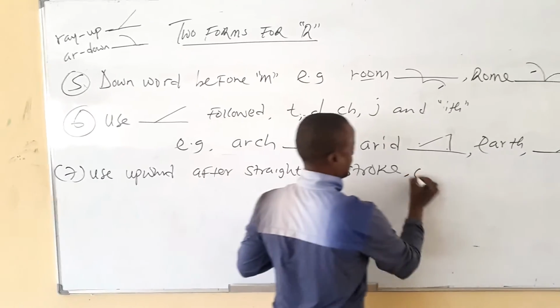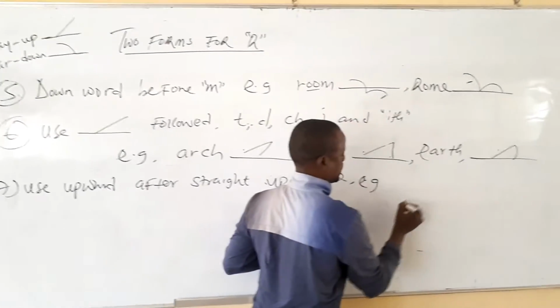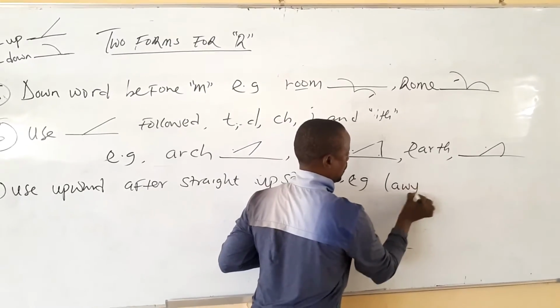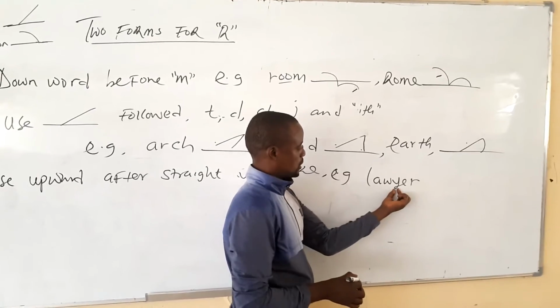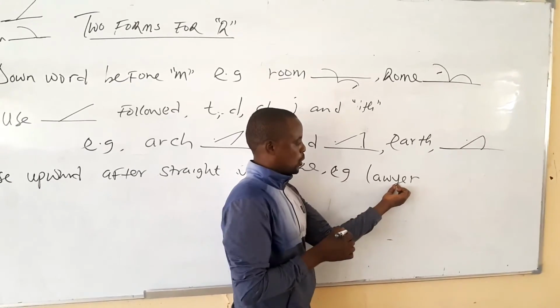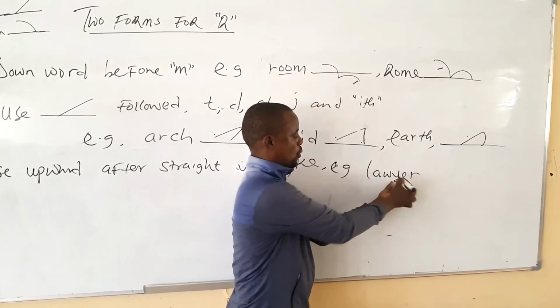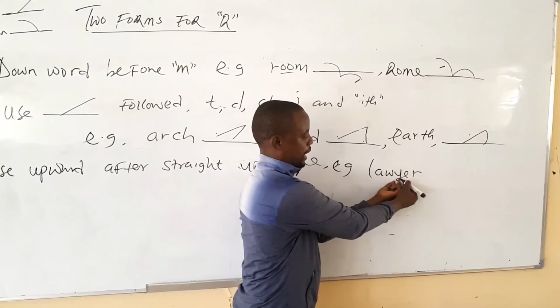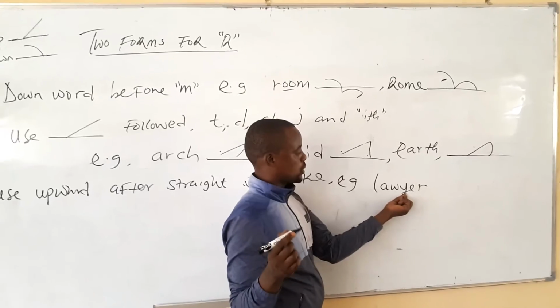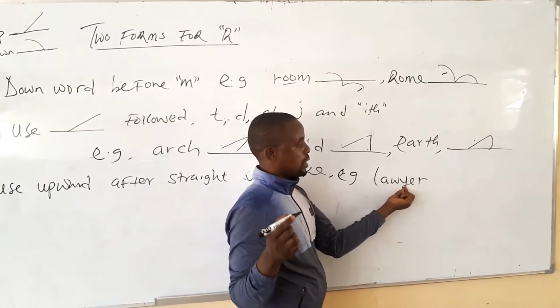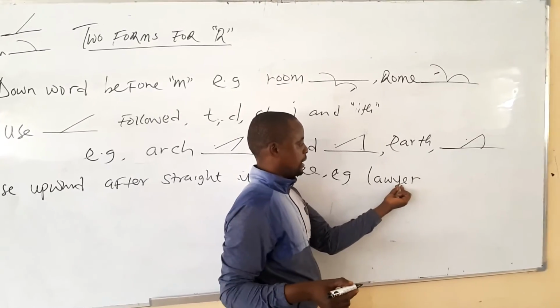For example, you can give an example here, maybe say lawyer. Now we have a straight stroke, which is Y. This is ye, and ye, don't forget, in our previous discussion about straight up stroke, ye is an up stroke.